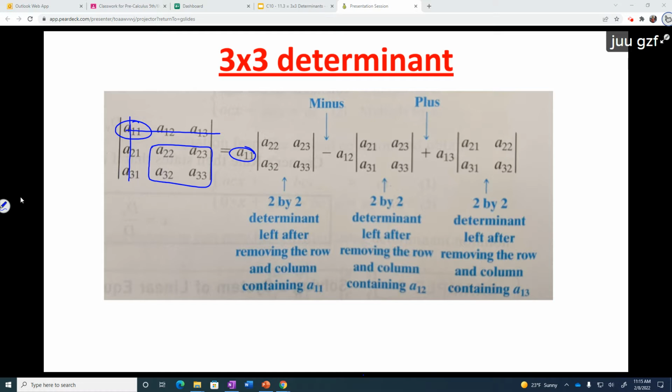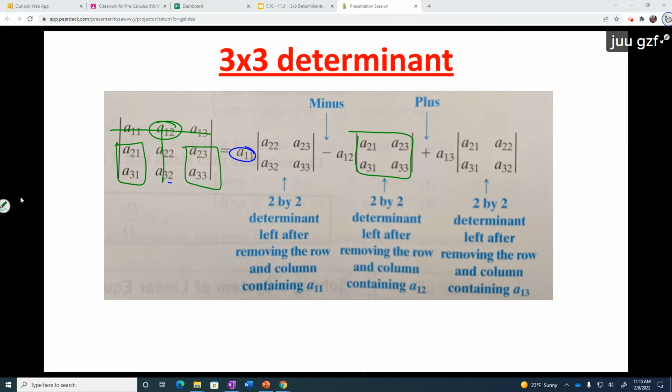And then we have a minus. And then our next one is A12, which is right here. You'll notice the numbers inside of this determinant are these numbers and these numbers, and those come from the fact that they're not in this row or this column. So these four numbers go there.